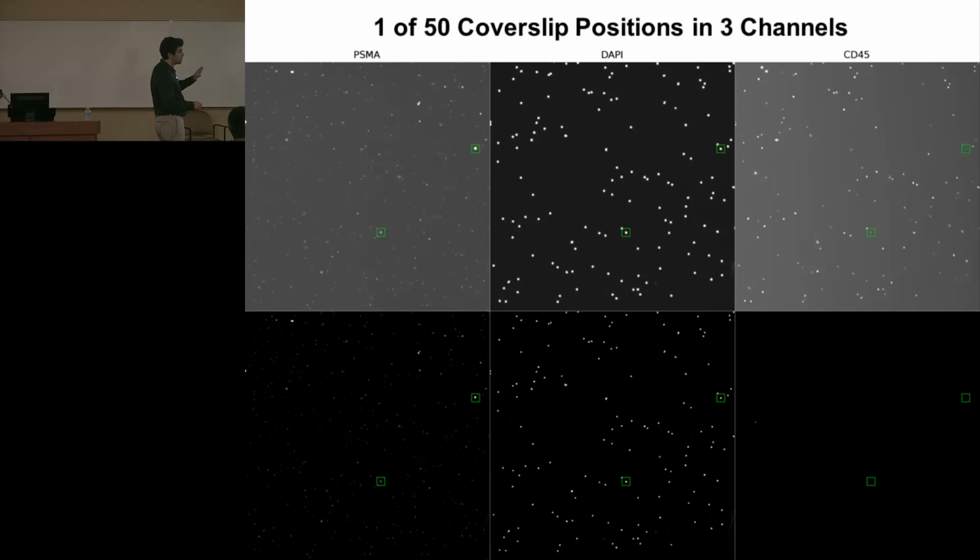You see that the stain is not perfect, so there is a lot of non-specific staining. This is the DAPI that shows that there is a cell, so it means there is a nucleus, and this should be the cell. CD45 negative, meaning that if we have this label here, this is a blood cell, not a tumor cell. And on the lower part, I'm showing a segmentation of these images using a wavelet algorithm that I used.